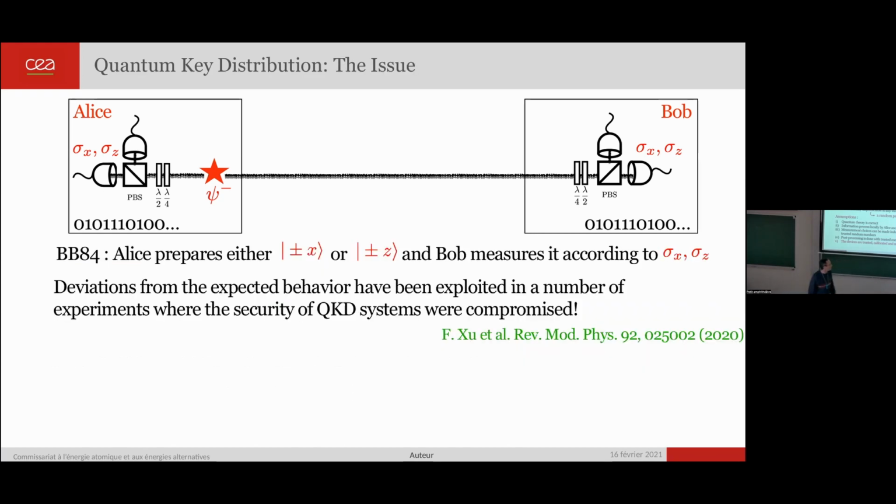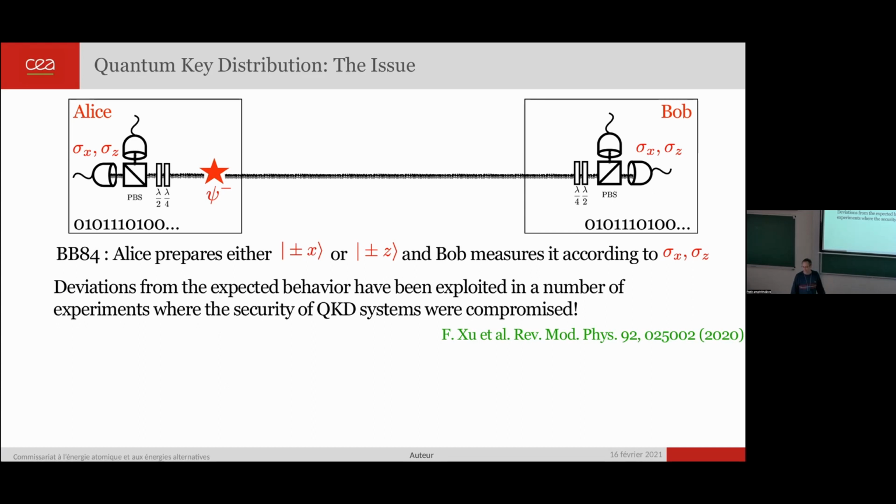Quantum key distribution protocols based on these intuitions have been known for a long time now, and they are even implemented. You can even buy a system that will perform this for you. And people have come up with attacks on them.